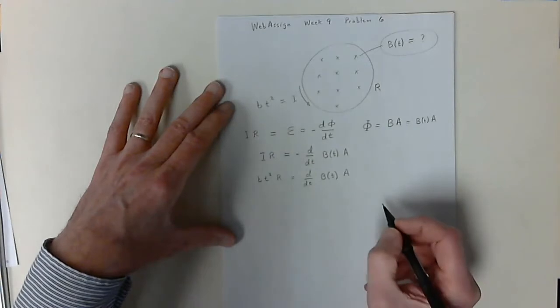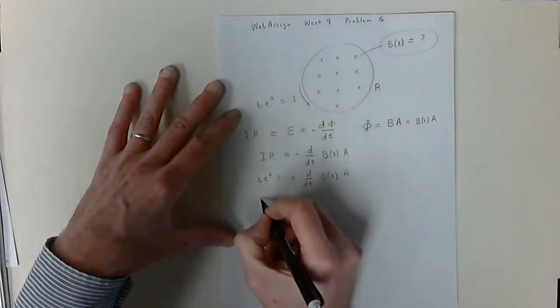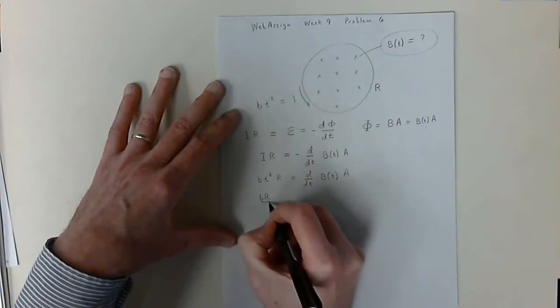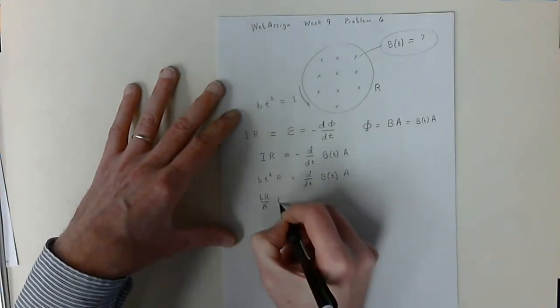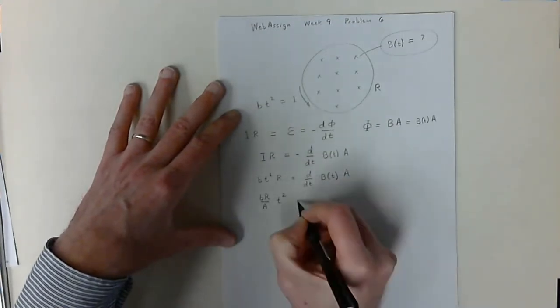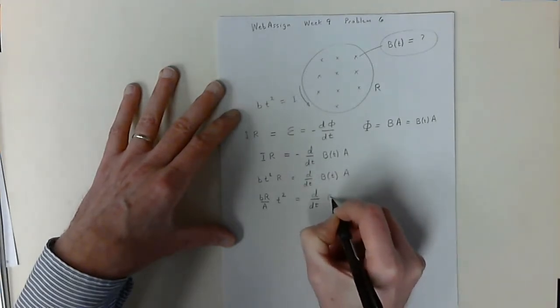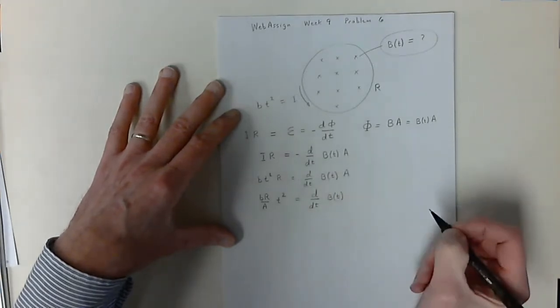Could move A over here and make it a little bit clearer. Let's rewrite it as b, I'm going to put together R and A, all the constants, and then we have t squared, and that equals the derivative of this function we're trying to find.